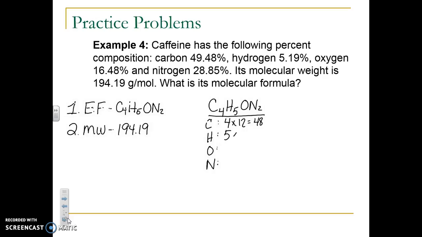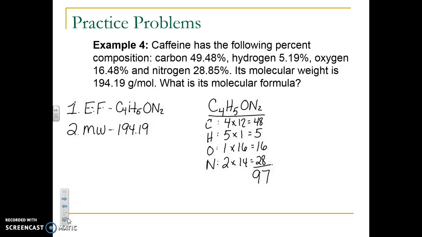I have 5 hydrogens, 1 for each of those, so 5. 1 oxygen, 16. And 2 nitrogens at 14 each is 28. So the total mass of my empirical formula is 97.